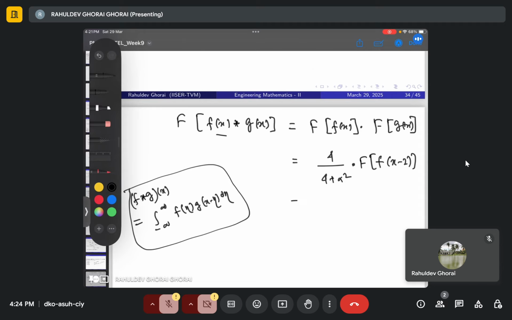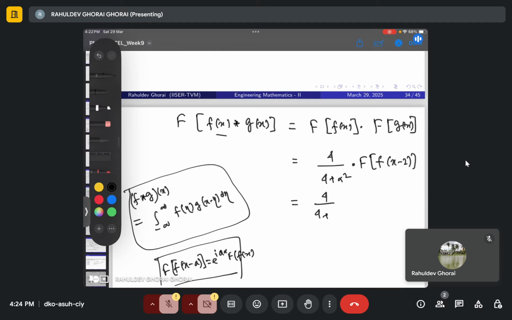There is another thing you remember: if you translate f of x minus some a, the transform is multiplied by e to the power i a alpha times the transform of f.